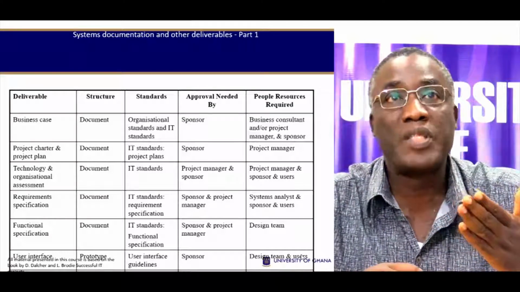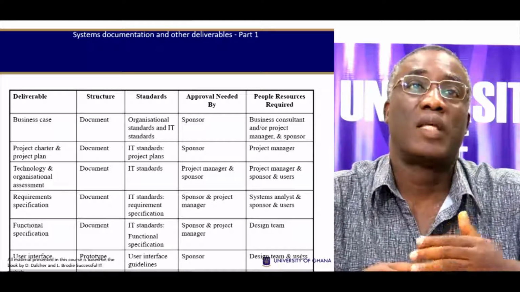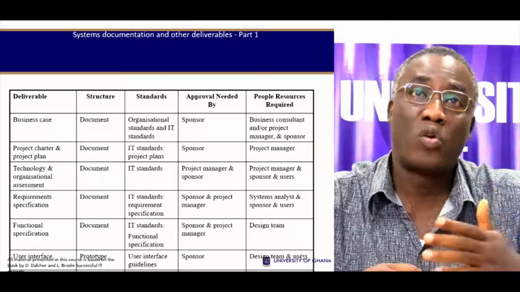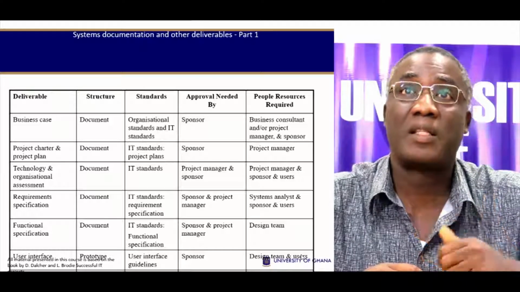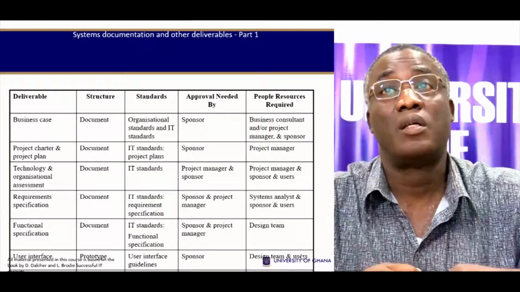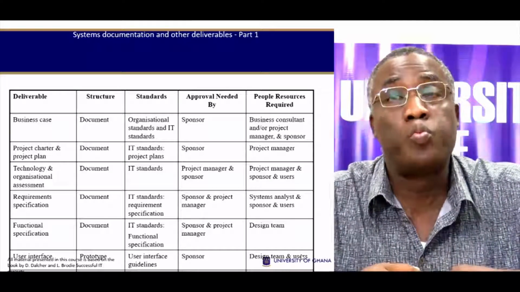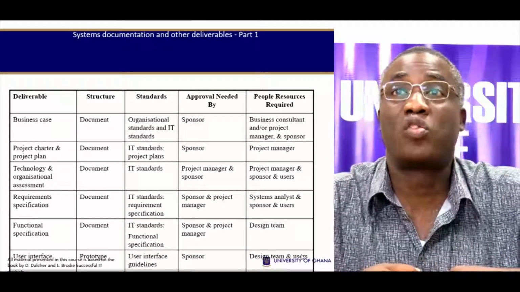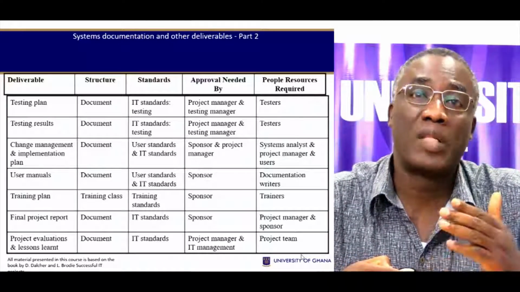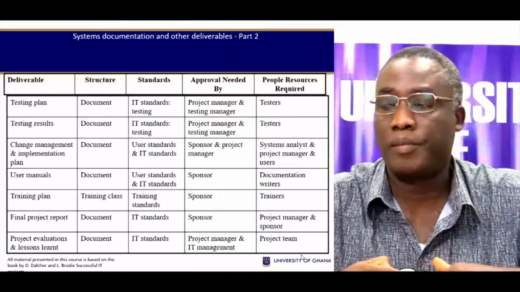So for example, a business case must come in the form of a document, and it must comply with organizational standards and IT standards. And this must be approved by the sponsor. And the people you need to push this are a business consultant or project manager or sponsor. So there are quite a number of them. So the table shows you this information.